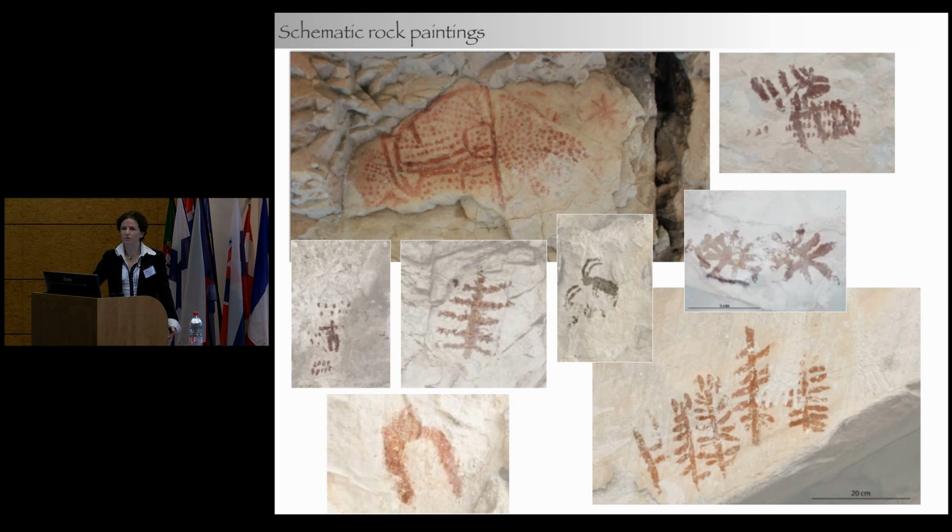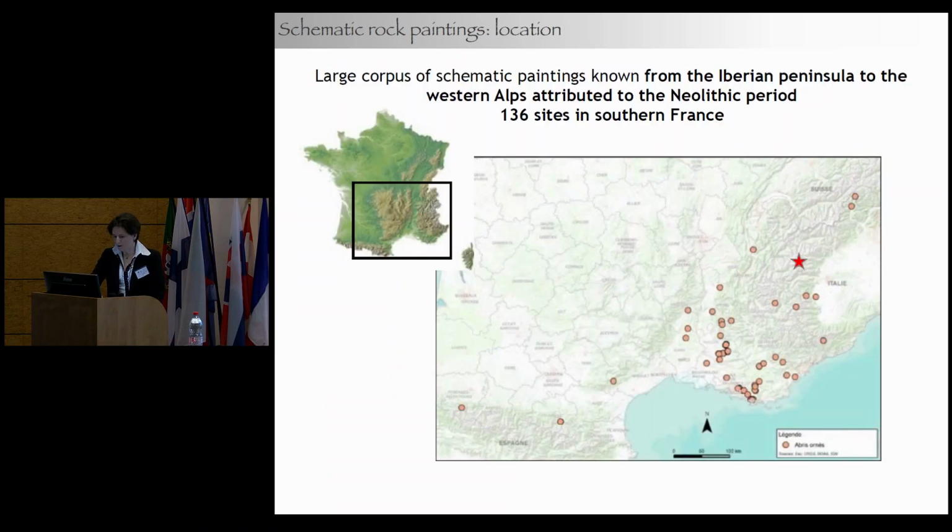Due to the archaeological environment and the distribution and the corpus of this schematic painting, known from the Iberian Peninsula to the Western Alps and at the frontier of Italy, archaeologists can attribute this schematic painting to the Neolithic period, from the 5th to the 2nd millennia before present.